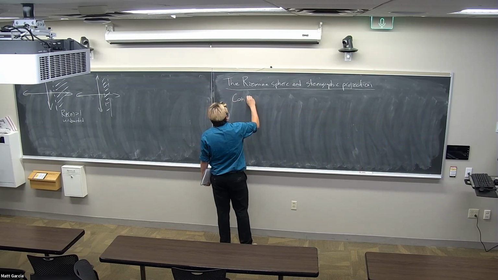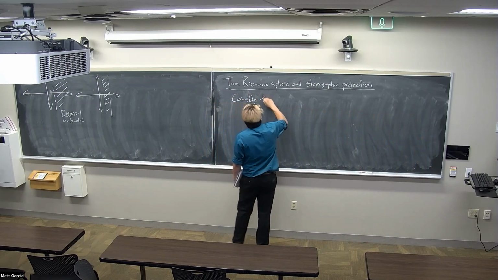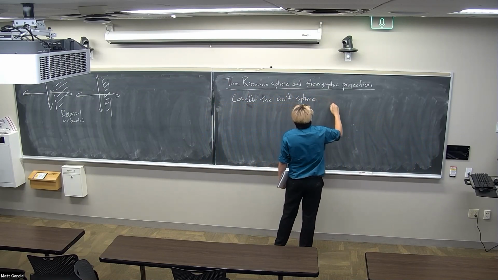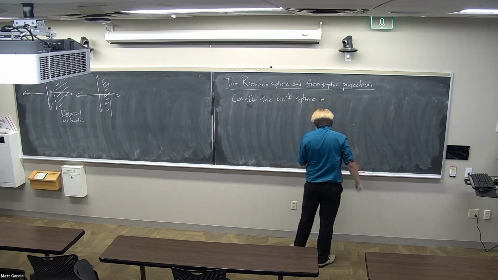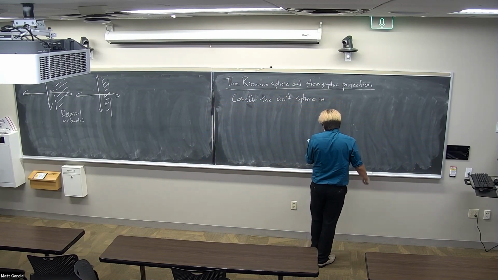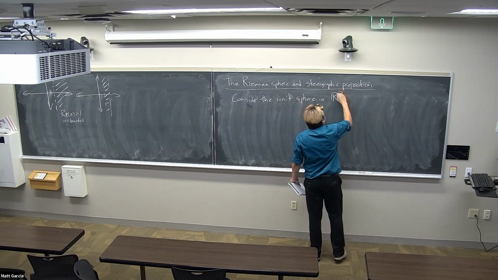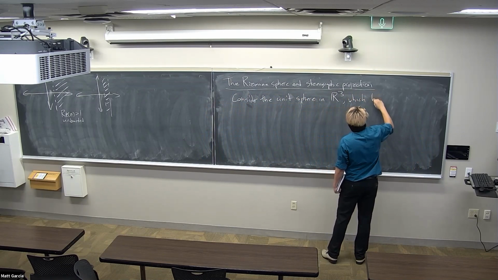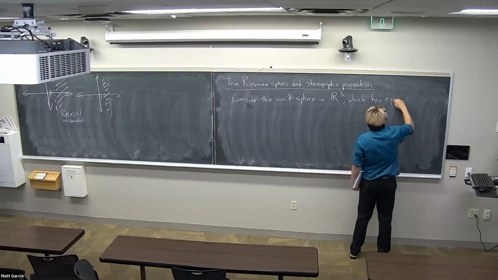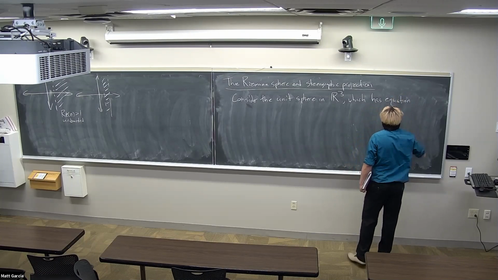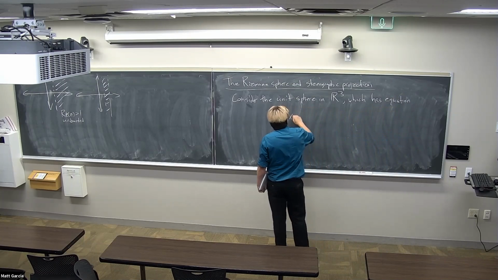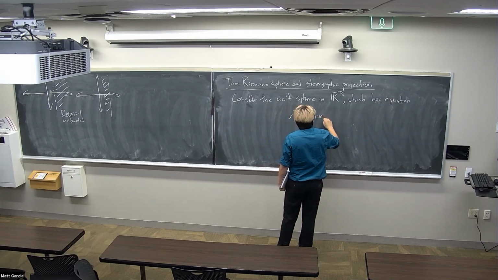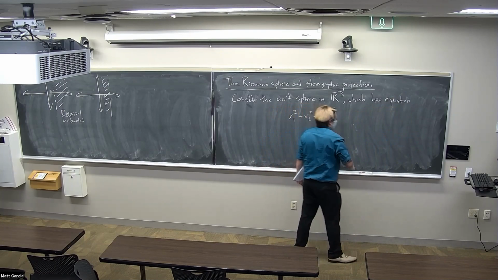Begin by considering the unit sphere in R3, which has the equation x1 squared plus x2 squared plus x3 squared equal to 1.